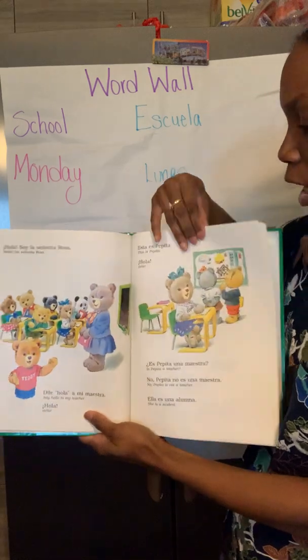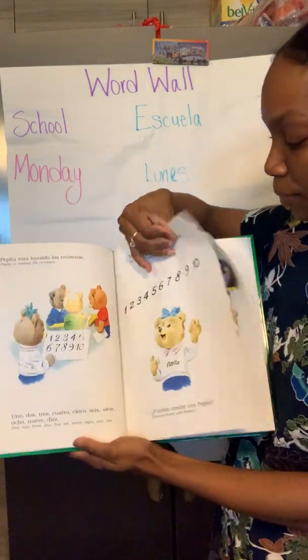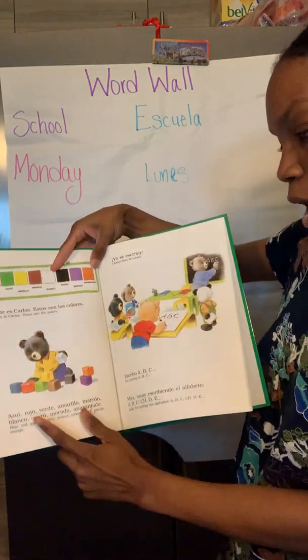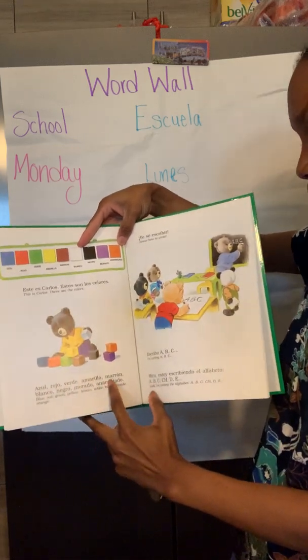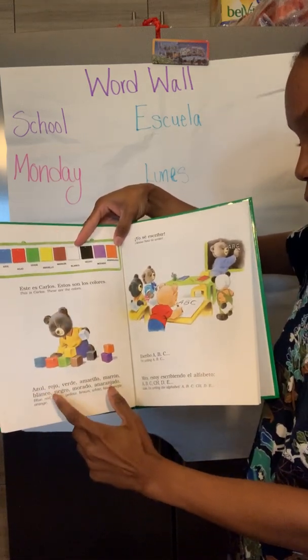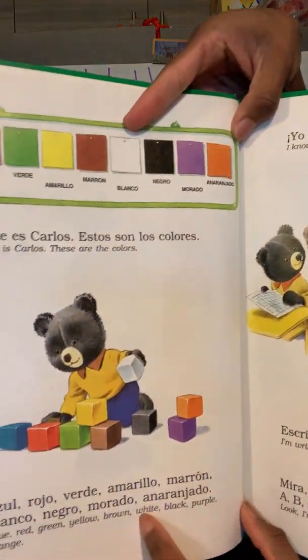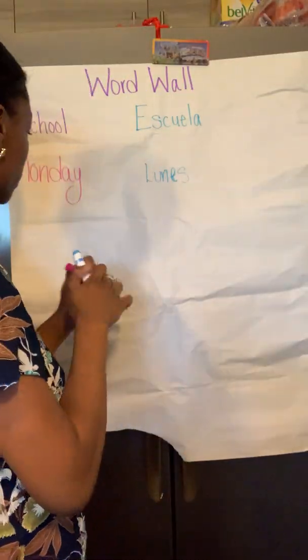And let's find our colors. Azul, rojo, verde, amarillo, marrón, blanco. Blanco here is white. Wonderful job.